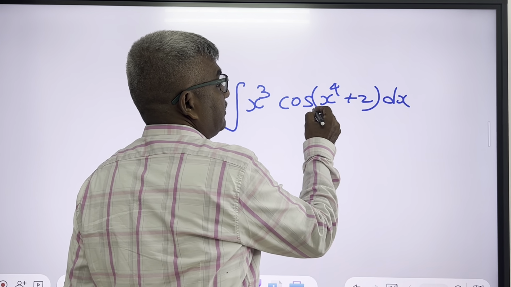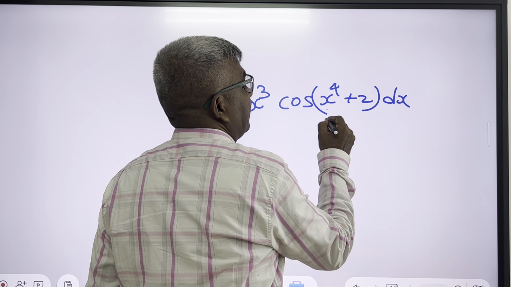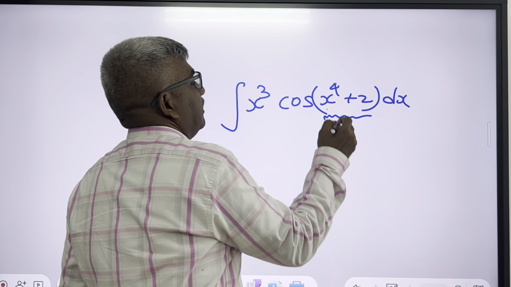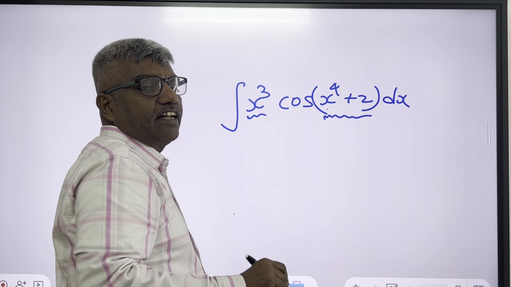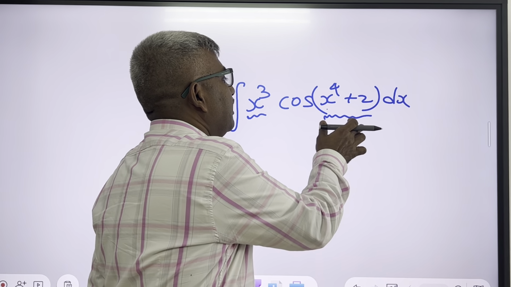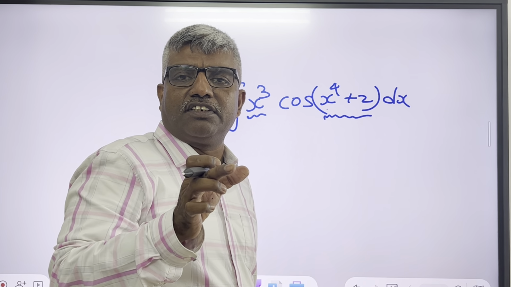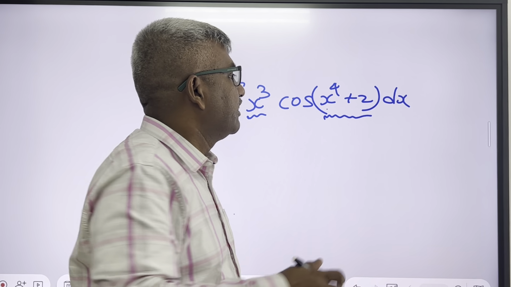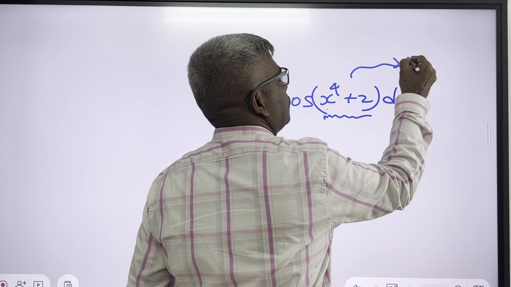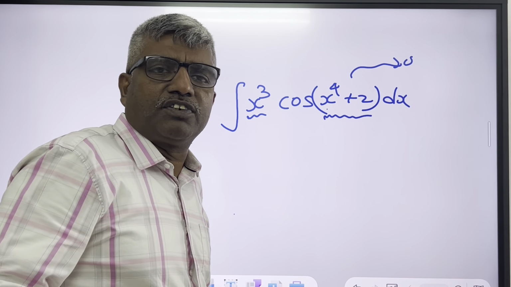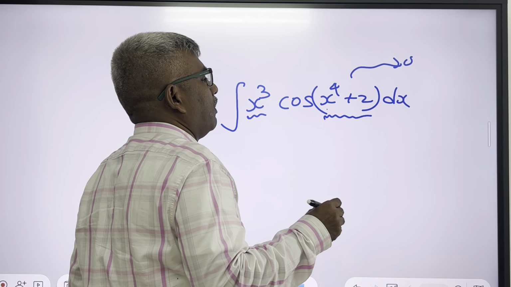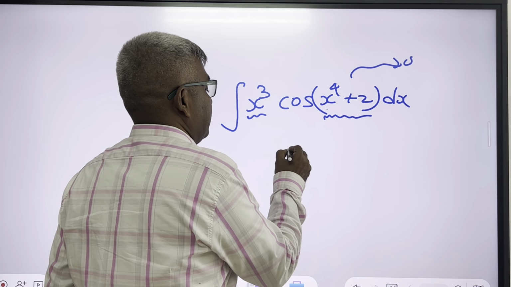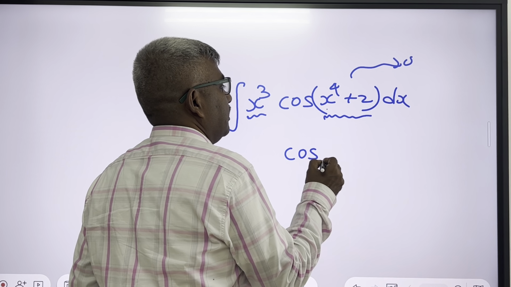But have you noticed x power 4 is there and x cube is there. So I told you already, if in one part some function, if you differentiate, the second part comes, then that part you consider as u. In most of the questions they give what u is, but we have to decide in some examinations.